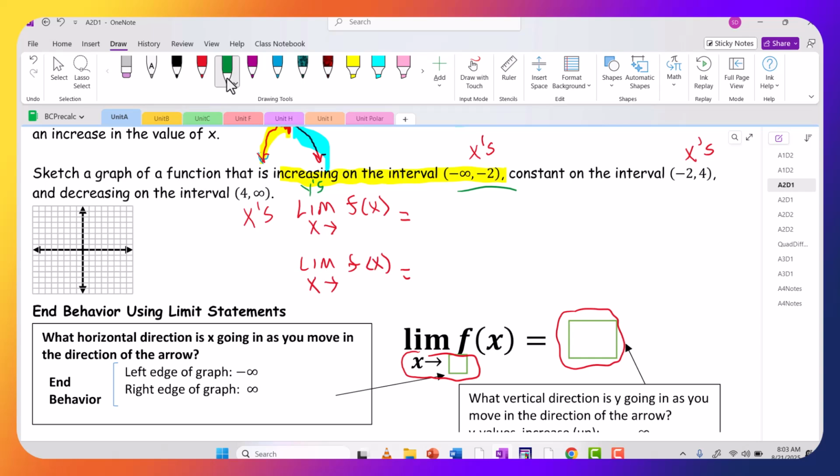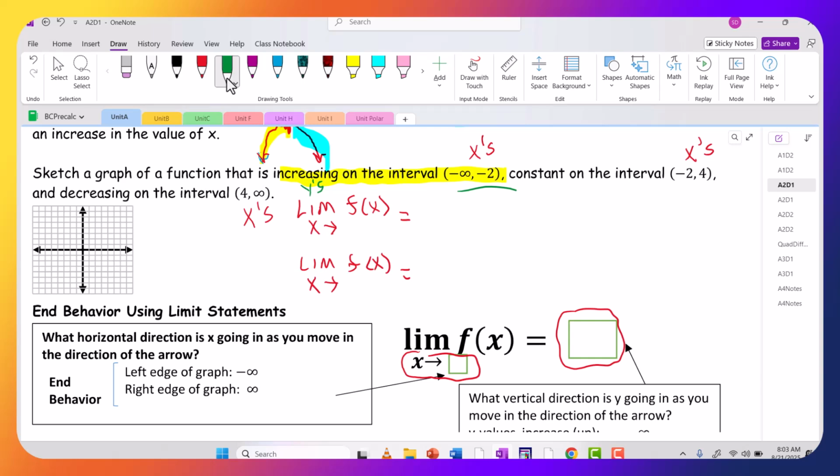So from negative infinity, I'm in the room here pointing to my left. Forever that way is where negative infinity is. You better understand that. Forever right is where you have positive infinity. So from negative infinity to -2 is this set of x-axes. You can go anywhere you want.